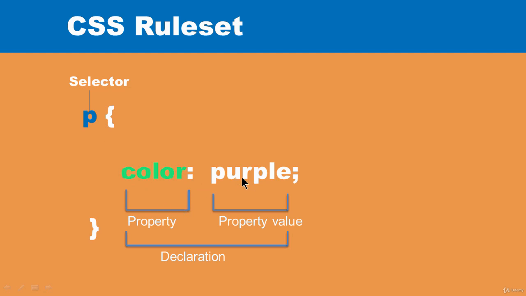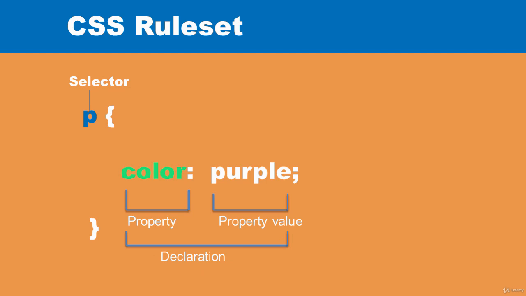Okay, so that's how you do it, and when you finish, you have to end it with a semicolon. Semicolon is very important because it tells the CSS rule set that this is the end of this declaration. So the entire thing here, from the color property to the property value, is called a declaration. So these are the various parts of a CSS rule set.